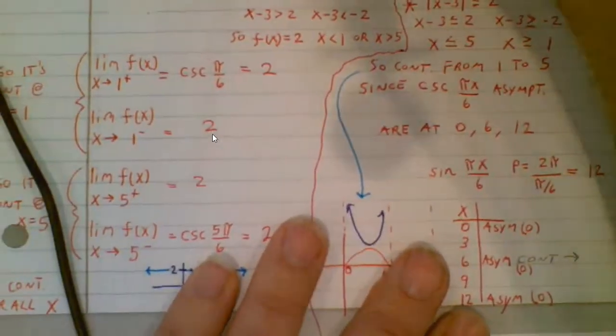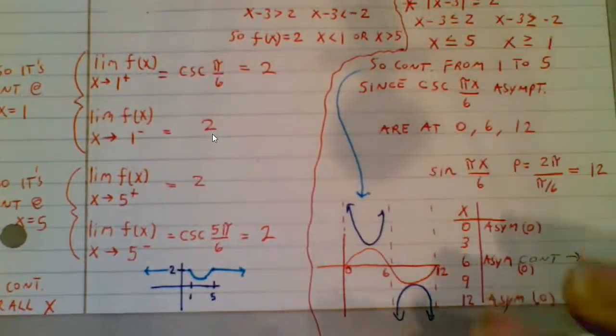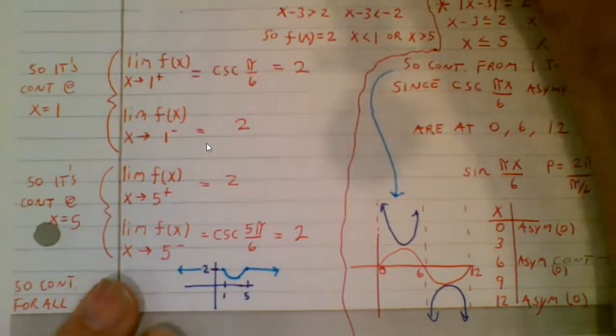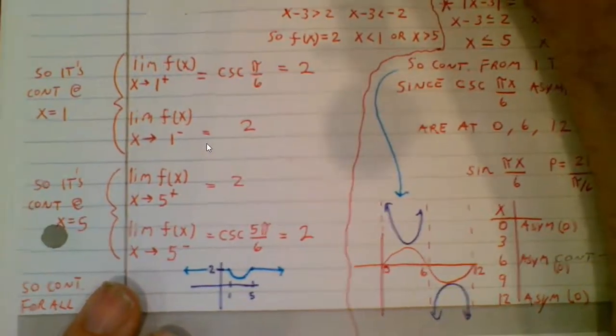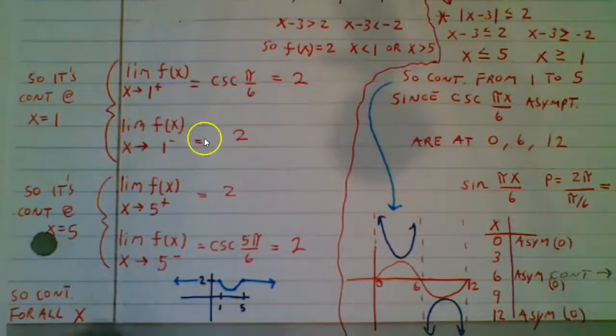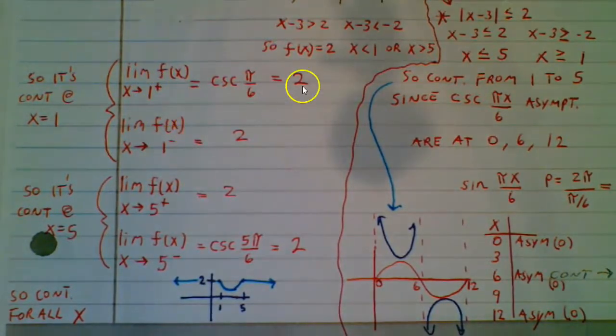I'm going to look over here. So if you look at our cosecant function, I'm going to start with the 1s. Sorry, I'm trying to get all this on the screen for you. So I need to look at my 1s, and we're going to say, okay, let's approach 1 from the right, let's approach 1 from the left, and see, do we get the same value?